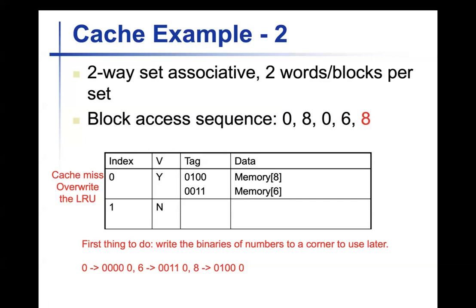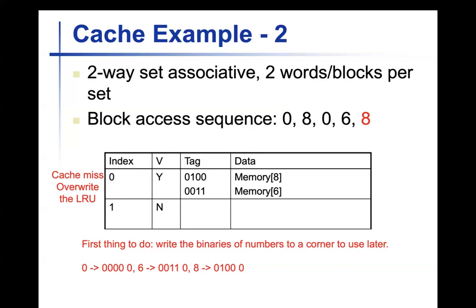So it's going to update the memory location 0's data with memory location 8's data, and I'm going to change the tag also for 8. Okay, as you can see, we still needed to overwrite information.